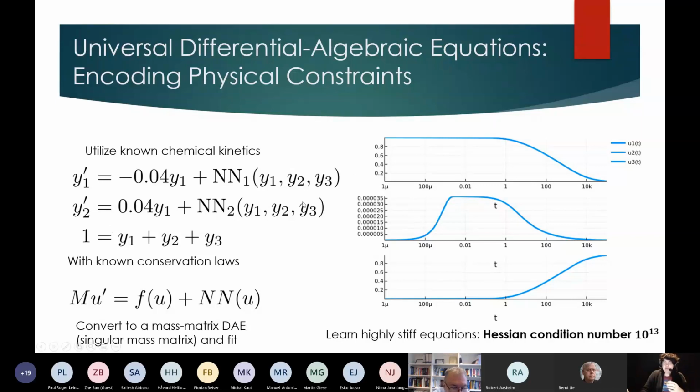Let's learn what the dynamics in this case should be, and we treat this as a mass matrix DAE, and we're able to do the same process, and we're able to learn what the missing model is, where what we're using is some information about the model, and some information about known conservation laws, and then we're able to rediscover what the missing chemical reactions are from this kind of information, plus a little bit of data.